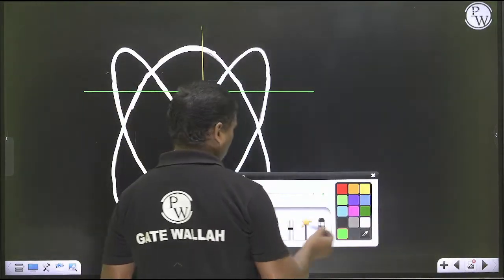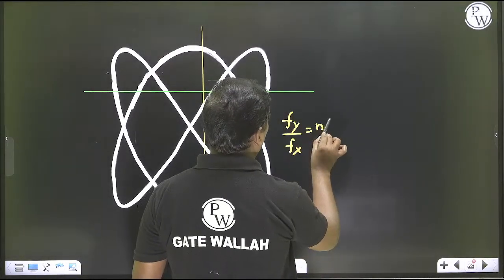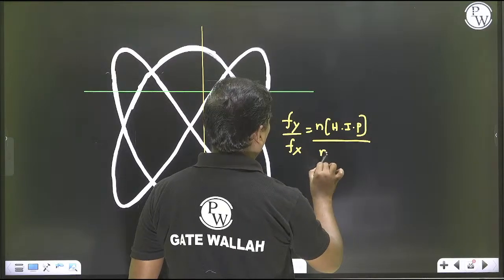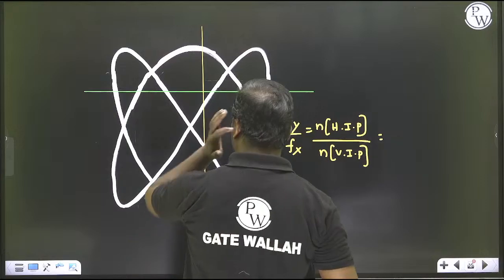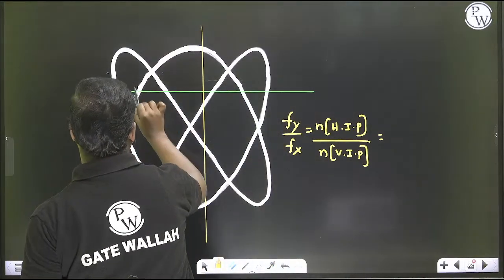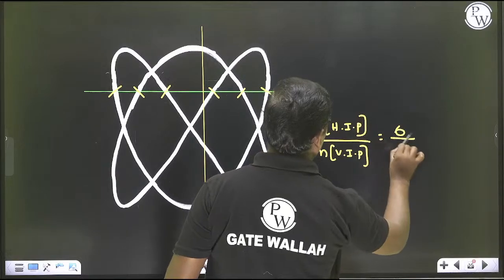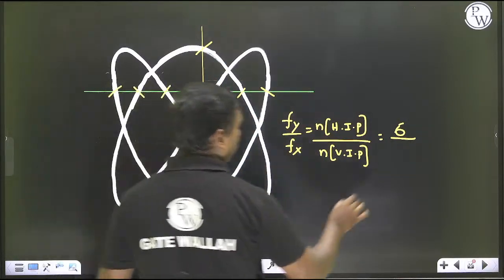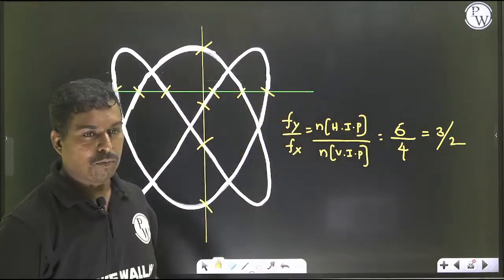So Fy by Fx is the number of horizontal intersection points over the number of vertical intersection points. The horizontal intersection points: 1, 2, 3, 4, 5, 6. Vertical intersection points: 1, 2, 3, 4. So then also the answer is 3/2. Matching or not?